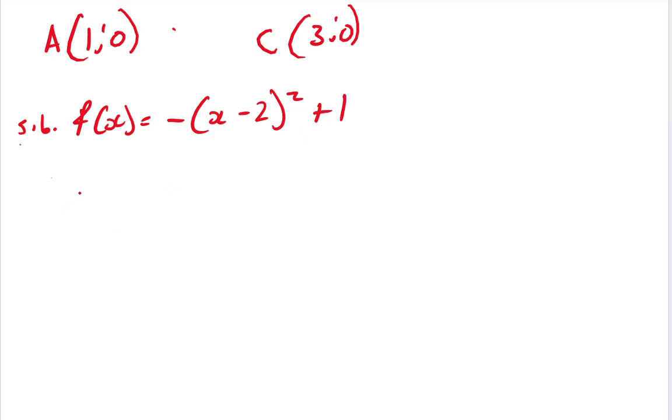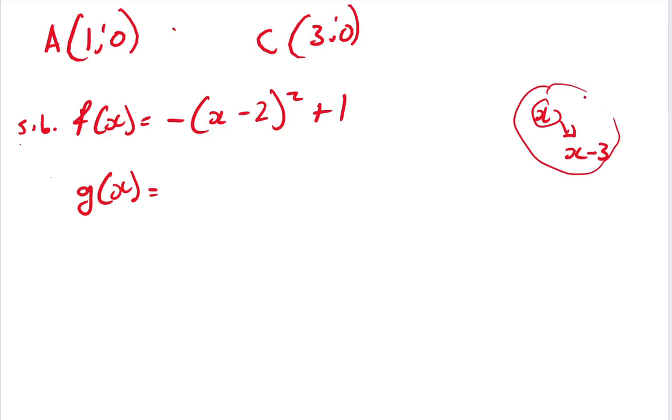Do you get me? So then they say they obtain the graph of g of x by shifting f 2 units to the right. And when they shift, let me show you something. You must cram this. When they shift 3 units to the right, where there is x, you replace x with x minus 3.